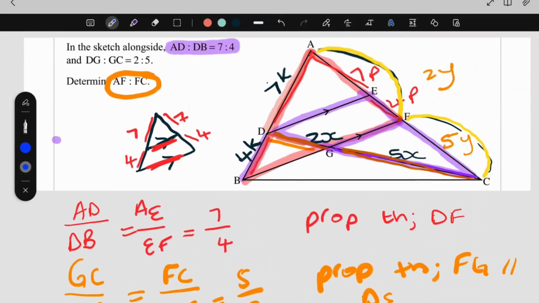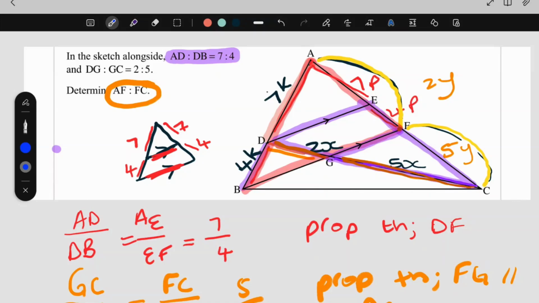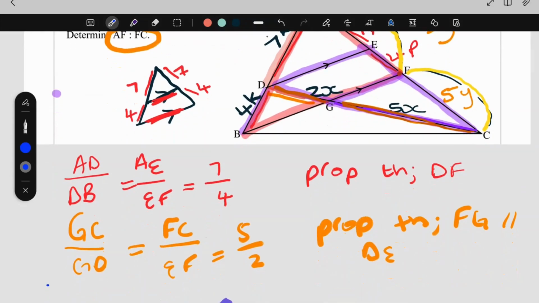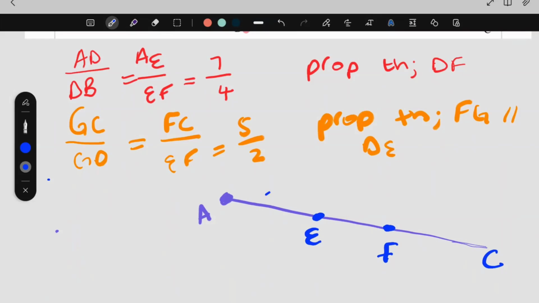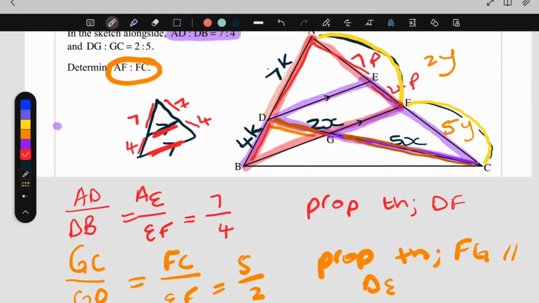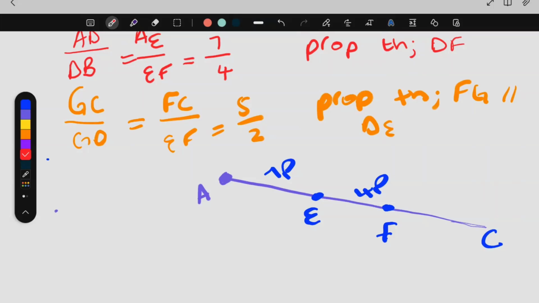I'm pulling in the ratios quickly. So AE was 7P and EF was 4P. This is 7P and this is 4P. We also said that EF is 2Y and FC is 5Y. So EF is 2Y and this is 5Y.